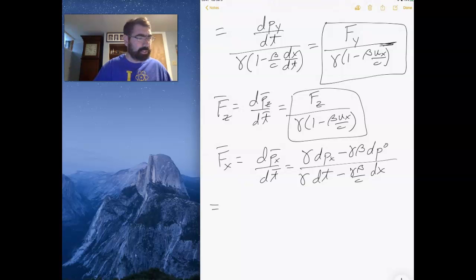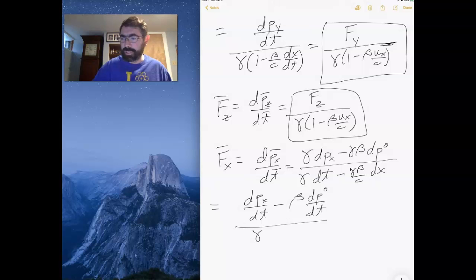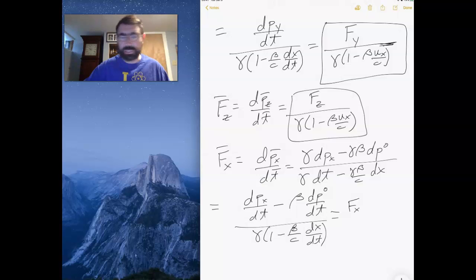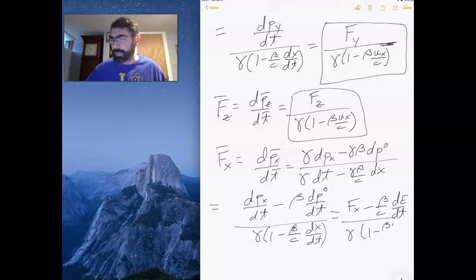And if I rewrite that, then I would get dpx/dt minus beta dp0/dt over gamma times 1 minus beta over c times dx/dt, or what you would get is the force in the x direction minus beta over c dE/dt, because that's what the time component of the momentum is, divided by gamma times 1 minus beta ux over c.